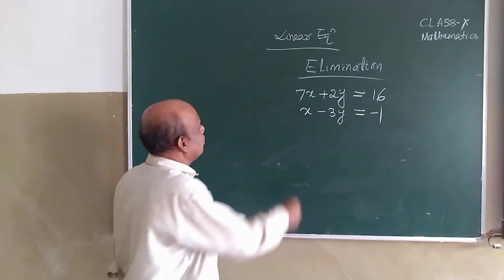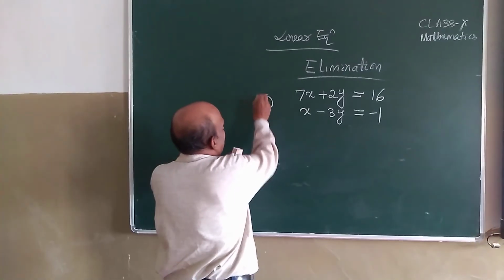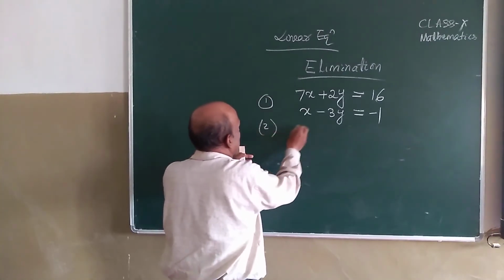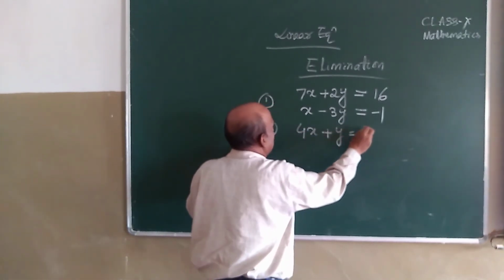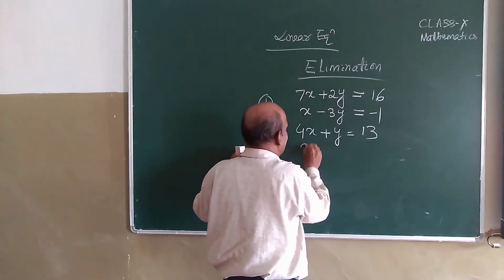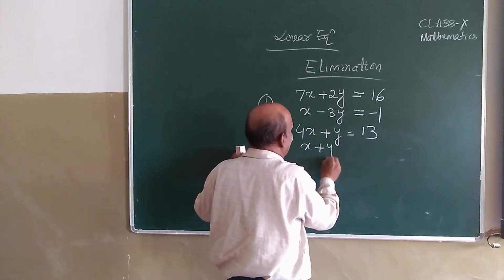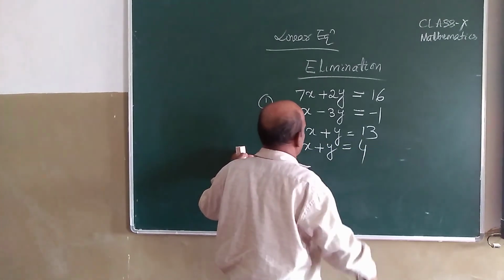Question number 2: 4x plus y is equal to 13 and x plus y is equal to 4.